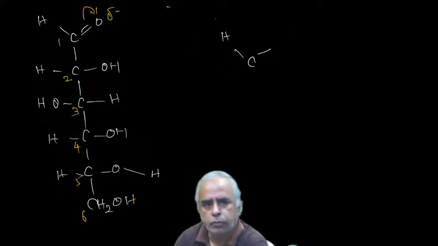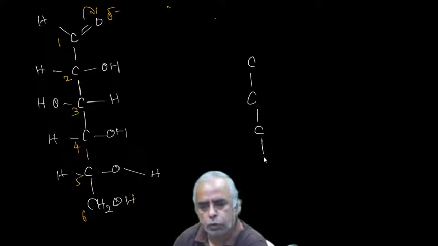It forms an OH, and we can draw a structure like this. First carbon atom, second carbon atom, third carbon atom, fourth carbon atom, fifth carbon atom, sixth carbon atom.